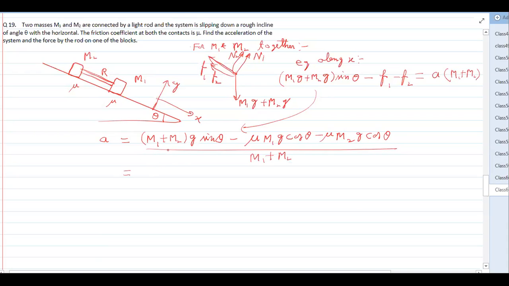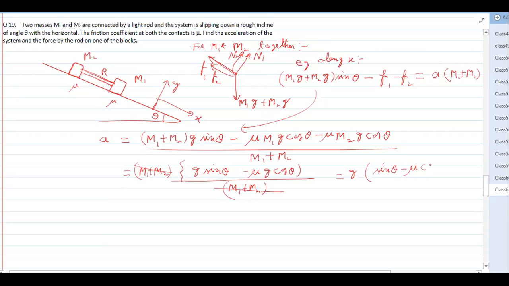So M1 plus M2 is common everywhere. It will be g sin theta minus mu g cos theta, divided by M1 plus M2, so these two cancel. We have a equals g(sin theta minus mu cos theta). Okay, so this is the value of acceleration.